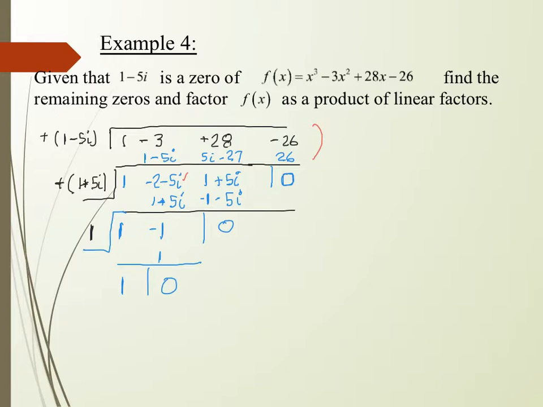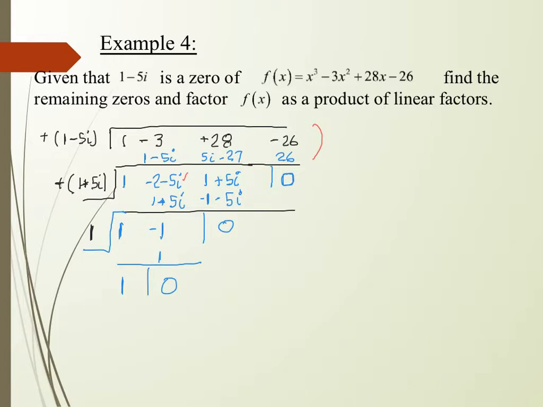When you do the multiplication with the negative 2 minus 5i, we get the 5i minus 27, and then we add the 28 to the minus 27, we get 1 plus 5i, and since it's a conjugate, the middle term cancels when we multiply through, and we get a 26, and a 26 added to a negative 26 is 0.